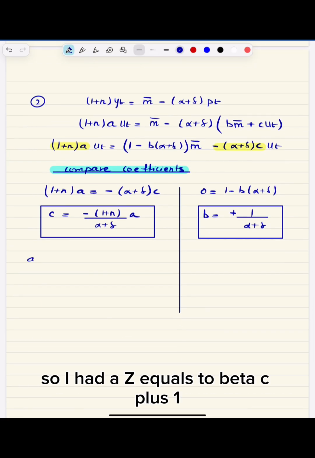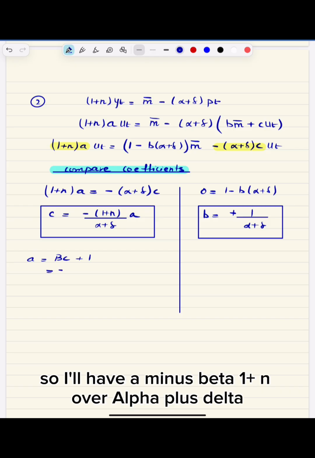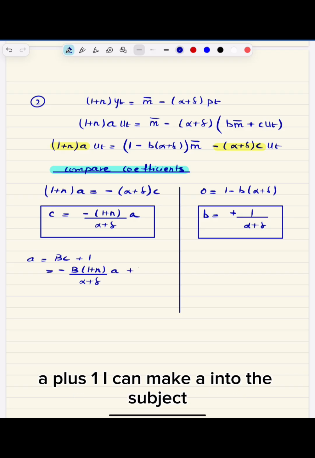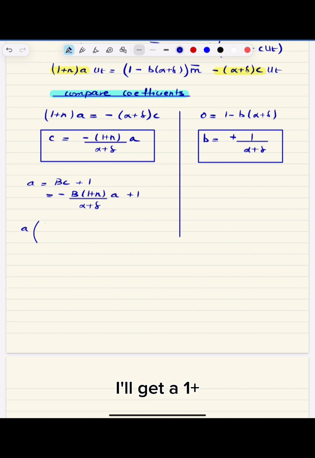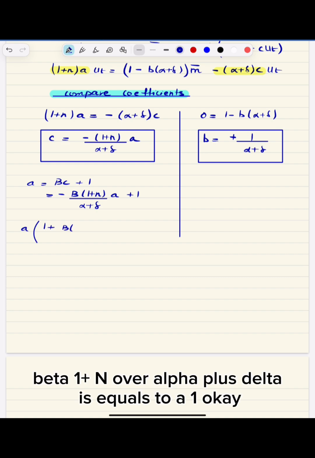So I had a is equals to beta c plus 1, so I'll have a minus beta 1 plus n over alpha plus delta a plus 1. I can make a into the subject. I'll get a 1 plus beta 1 plus n over alpha plus delta is equals to a1.